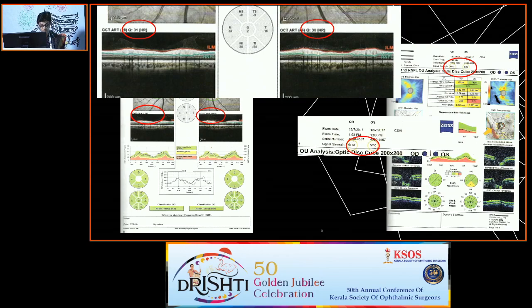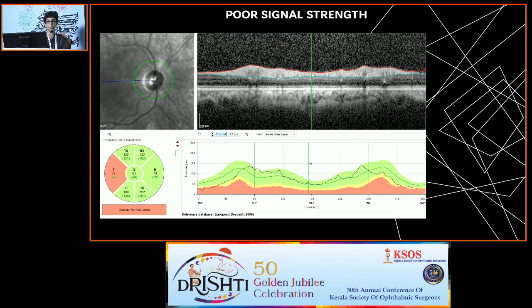Conditions like a dirty lens, dry eye, or the presence of cataract, and even, paradoxically, a posterior chamber IOL can decrease the signal strength and therefore decrease the quality of your OCT RNFL. These have to be looked for, and these can cause mistakes in your OCT RNFL assessment.